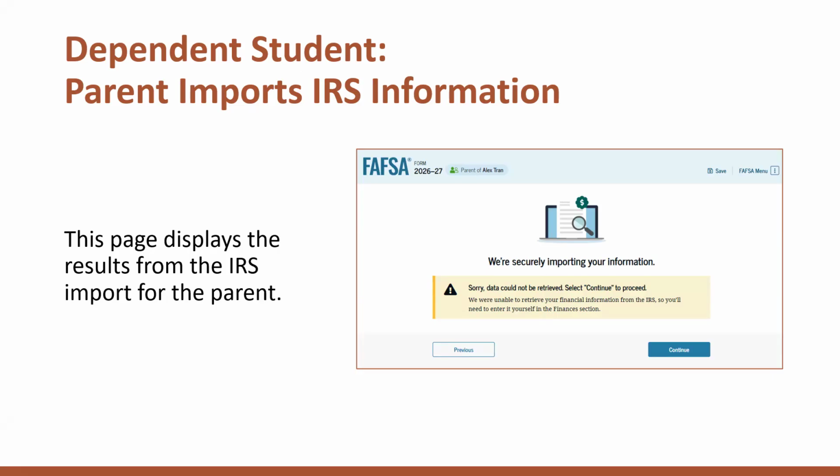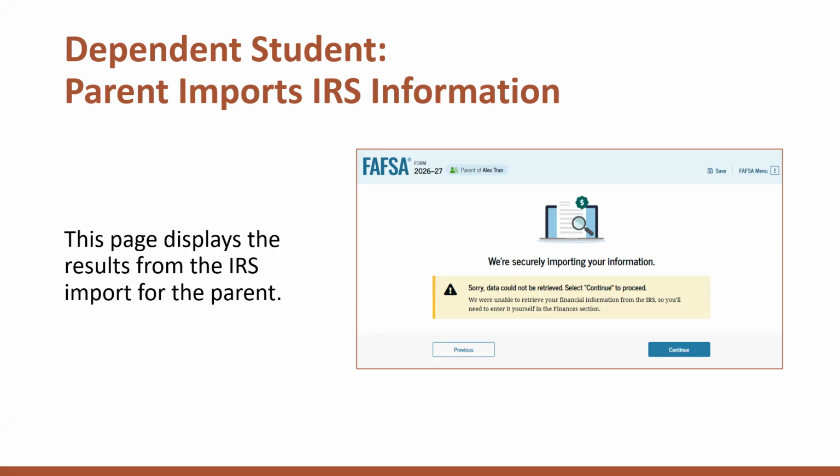This specific screen is, oh, and I think Cassidy may have just popped it up in the chat too. But if the person is a non-filer or if FSA is unable to transfer information, they may see this screen. As we went through it in the demonstration, it does show a green success screen if they are able to pull IRS information.